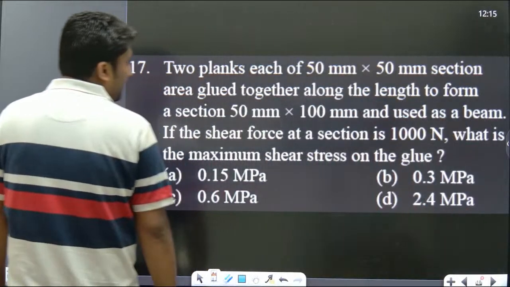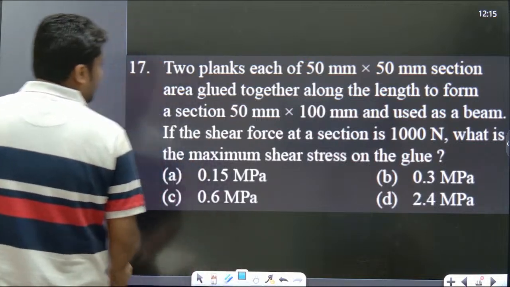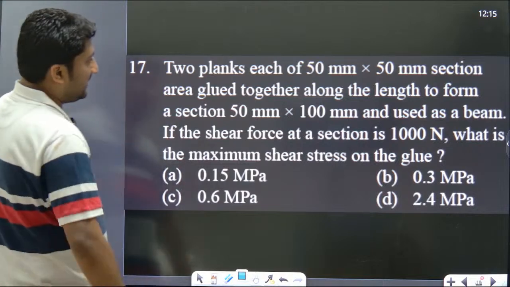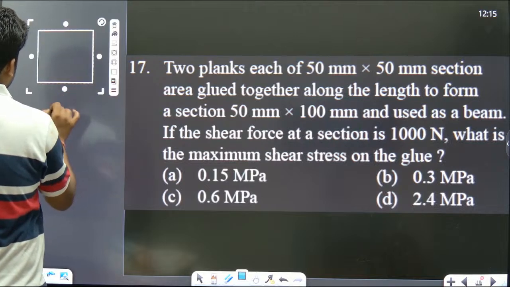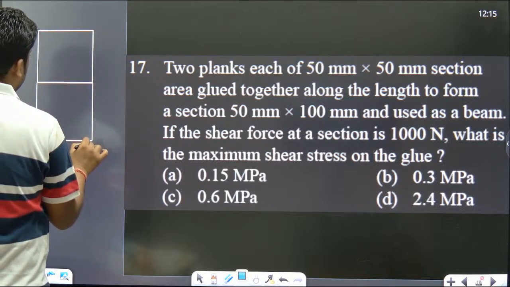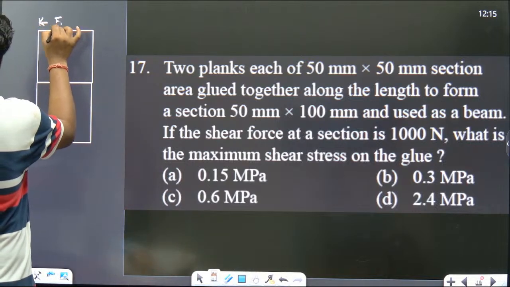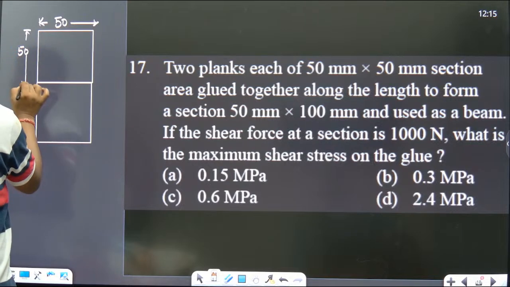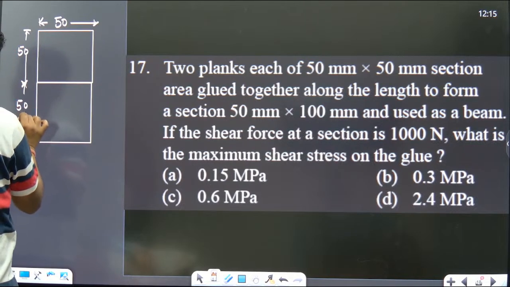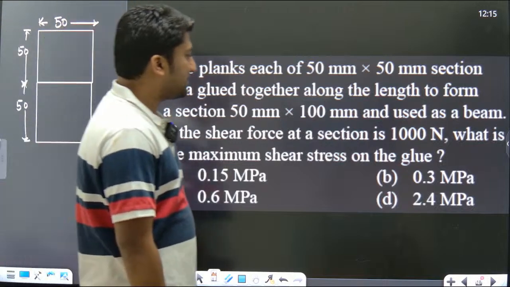Two planks each of 50 by 50 mm section are glued together along the length to form a section 50 into 100 mm, and used as a beam. If the shear force at a section is 1000 Newton, what is the maximum shear stress at the glue?